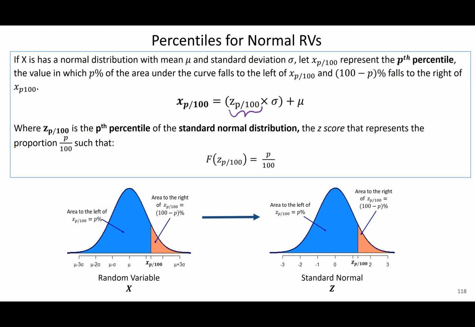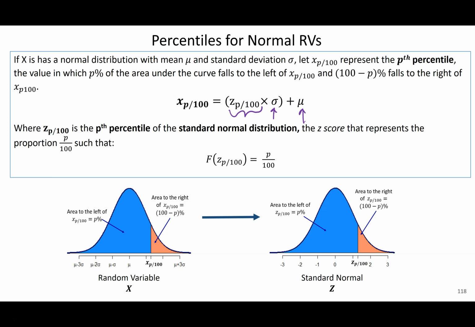We'll go ahead and practice. It involves working backwards. We'll find the z-score not by calculating it, but by using the table and working outward. And then z times sigma plus mu will give me the value of x that's associated with that percentile.